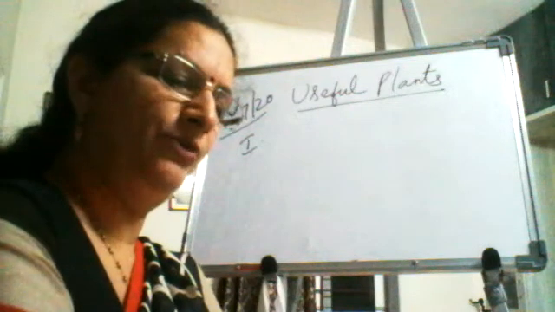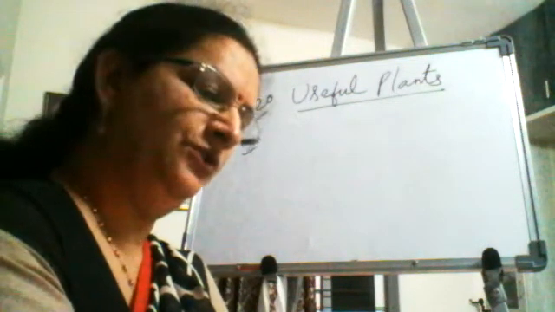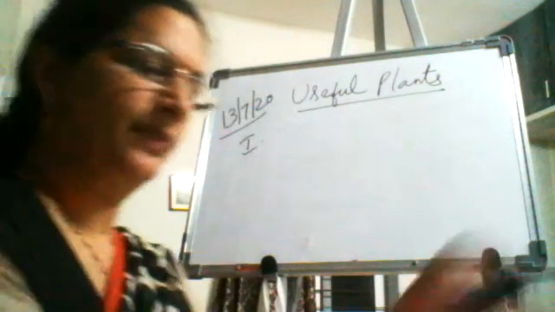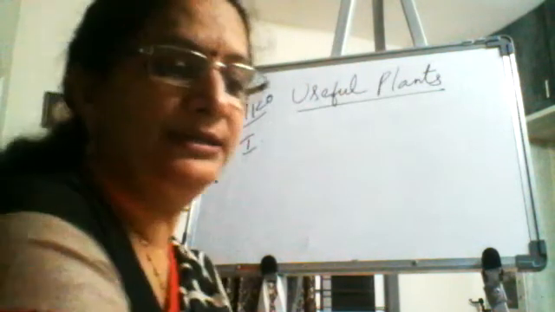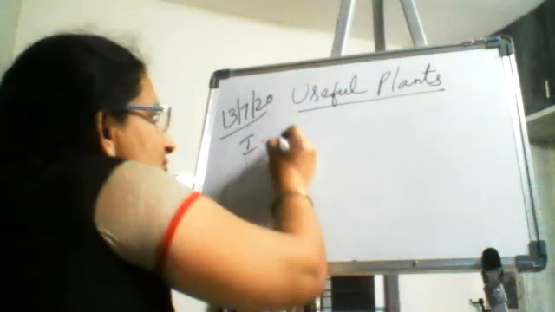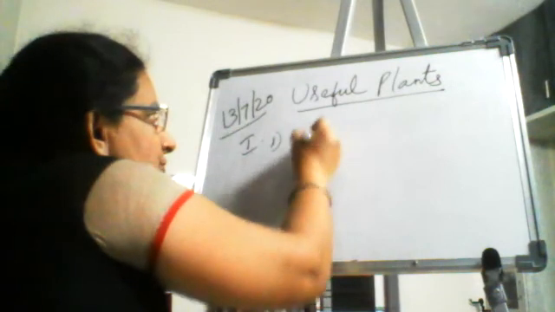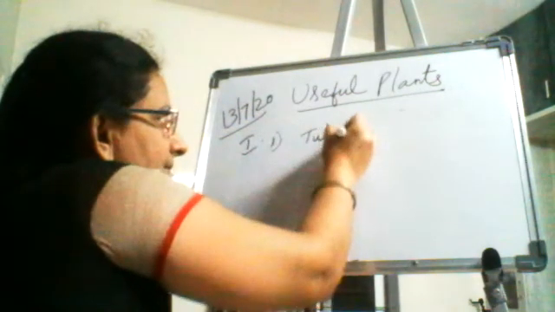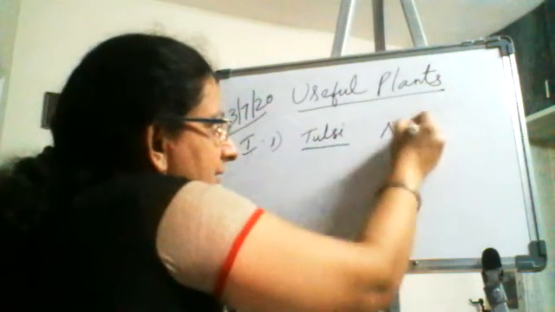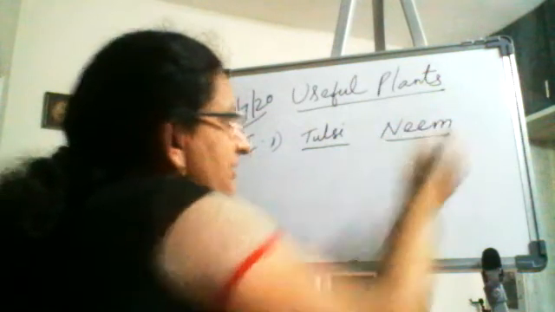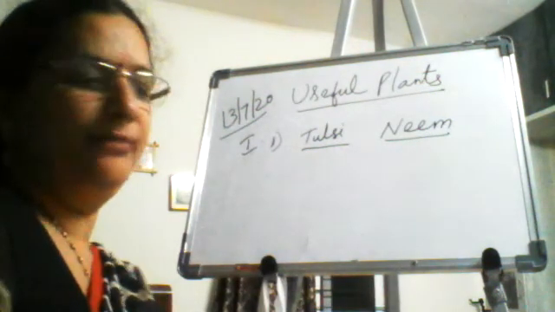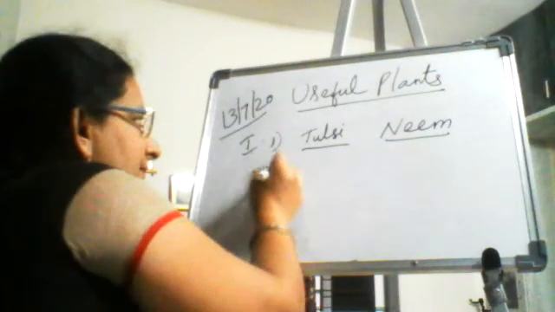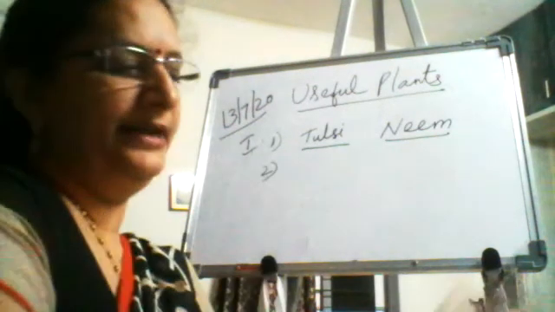We know about perfumes also, we know about wood also, we know about fresh air. Now what about medicines? So let's write the 2: tulsi and neem. Tulsi, neem.